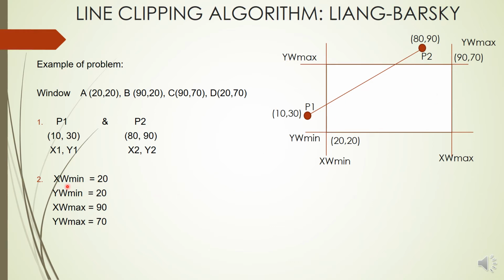XW minimum is here, so it is 20. So we just list down this information here. XW min equal to 20. For YW min, YW min is 20 as well.